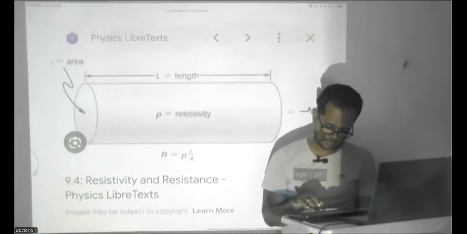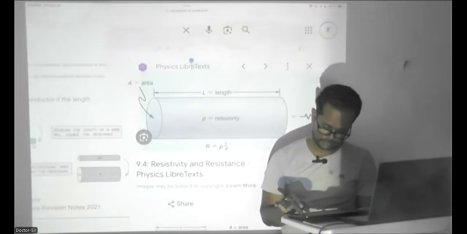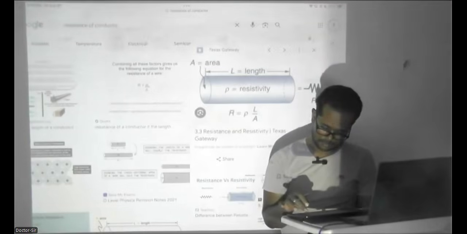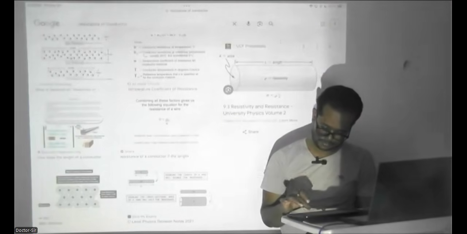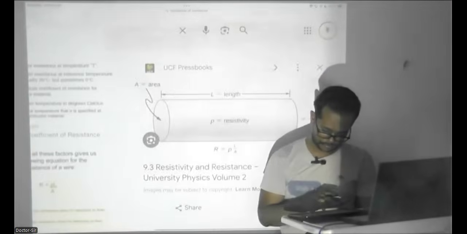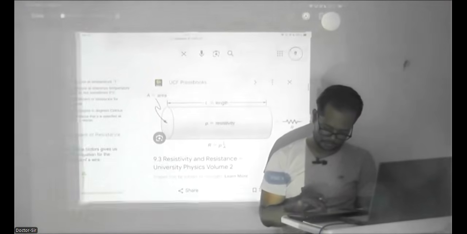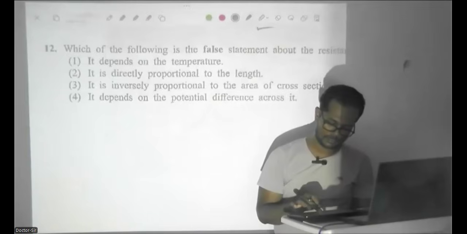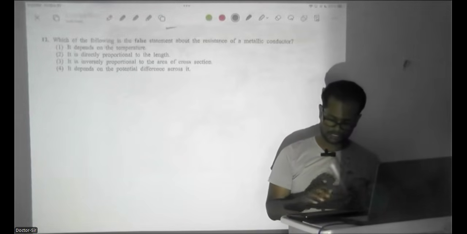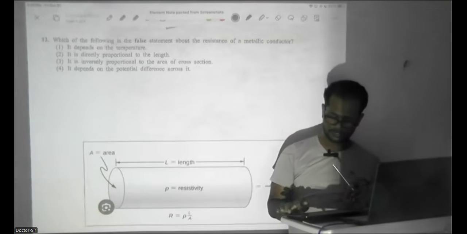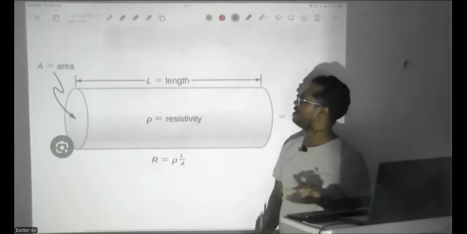I will take this image, copy this and paste it here because it will be easy to teach. I don't know what's happening today. All the systems are slow.